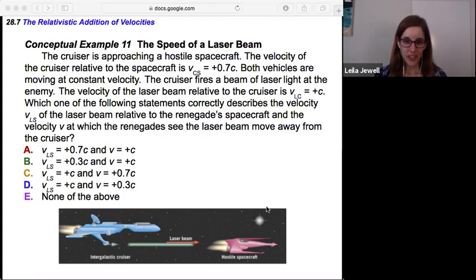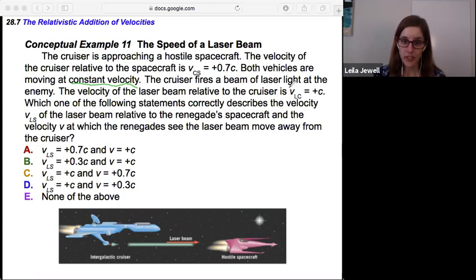Right. So taking a look at this, there's a lot of terminology. It gets really confusing what speed is what reference frame is what, but we can check both the cruiser and the spacecraft are moving at constant velocity. So because they're moving at constant velocity, that tells us that they're inertial reference frames, and so both should see the laser moving at the speed of light.